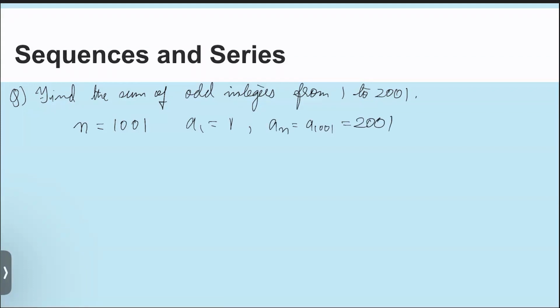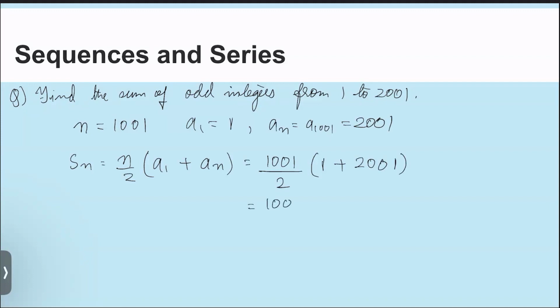Okay, so let's see Sn, so n by 2, suppose you write it as (a1 plus an). Our n is 1001 by 2, and this then becomes (1 plus 2001). So this becomes 1001 multiplied by 2002, divided by 2.